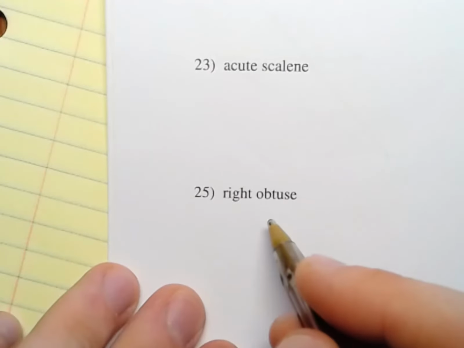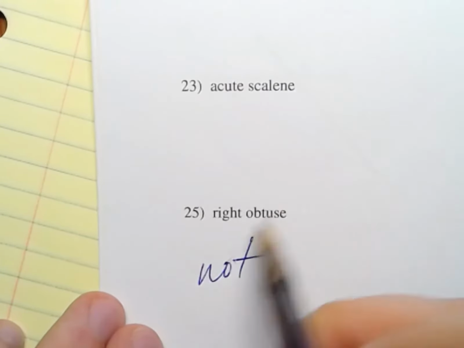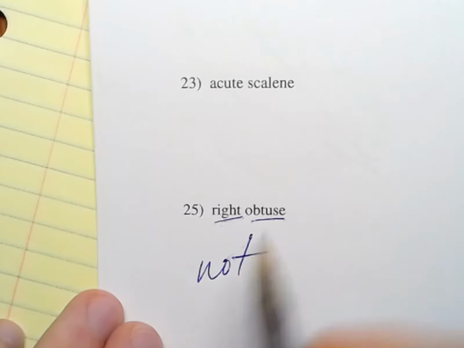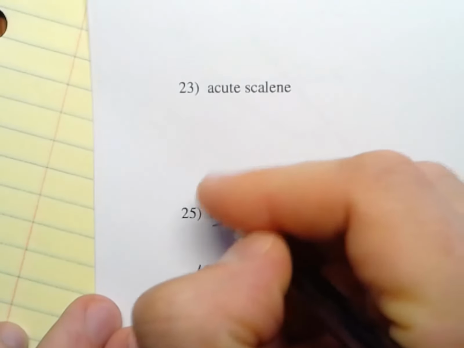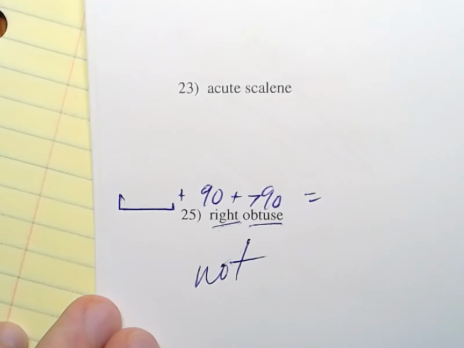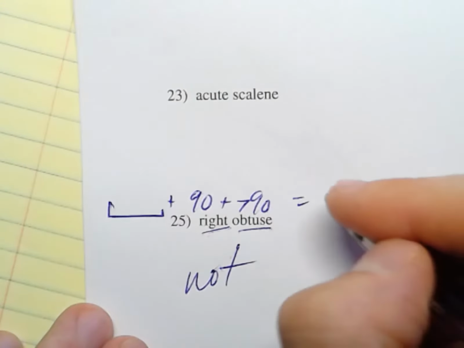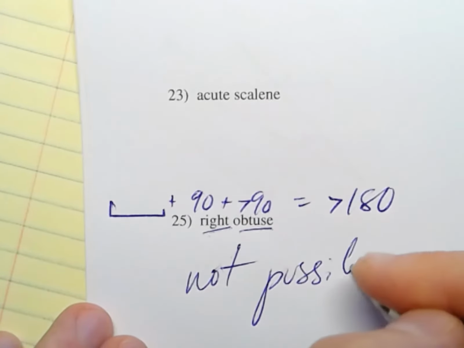Similarly, a right obtuse triangle is also not possible, because right means 90, but obtuse means it has something bigger than 90, and so you can't have both. If this is greater than 90 and that's 90, if I add those together, and I haven't even thought about the third angle, I'm over 180, so I don't have a triangle. So this is also not possible.